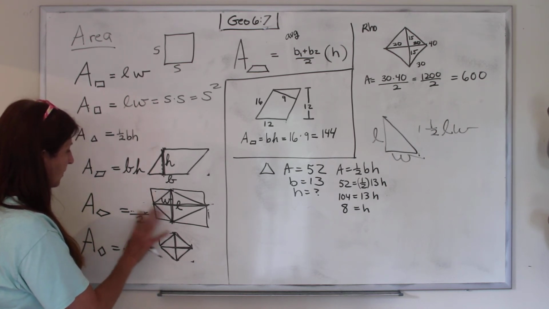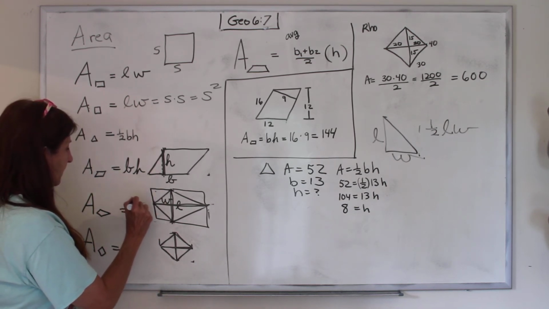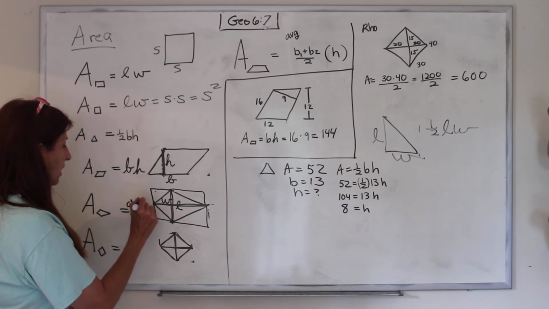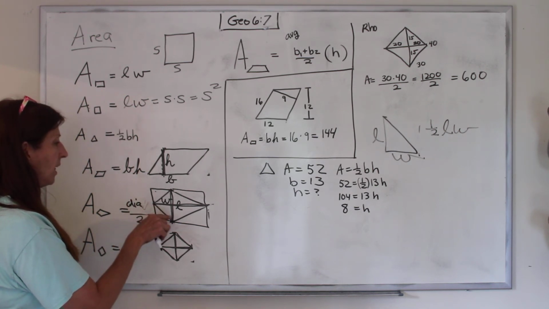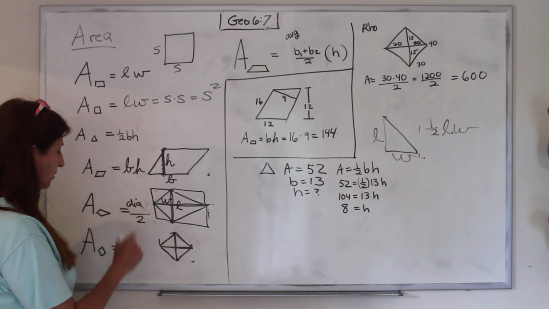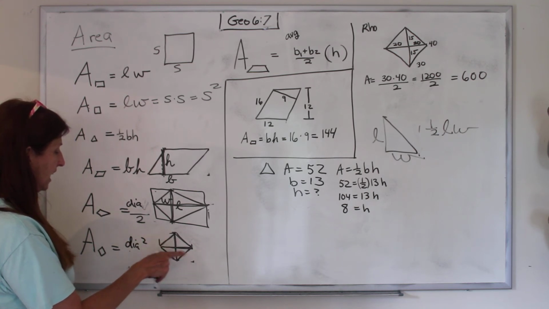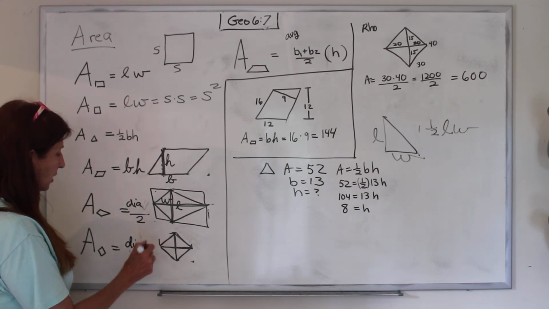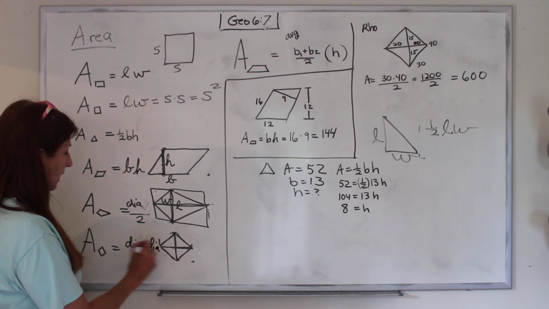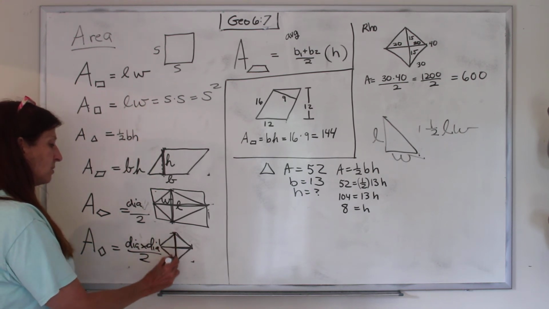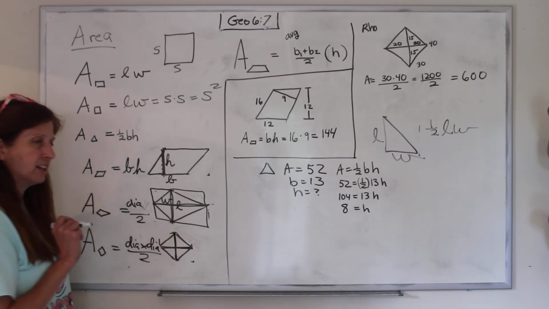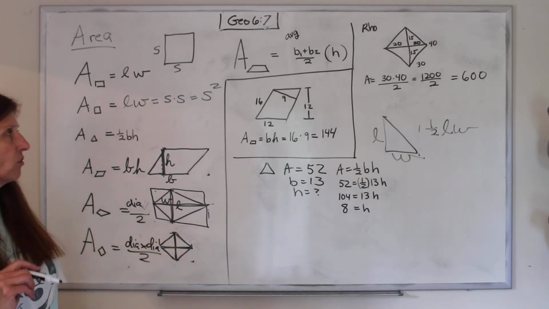I think we should call these diagonals instead. The diagonals multiplied and then divided by 2. Same thing here. Our diagonals are going to be multiplied, and we're going to multiply them and then divide by 2, because we're doing this line times that line divided by 2, because those corners are gone.